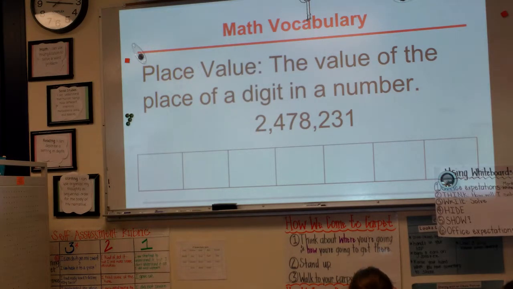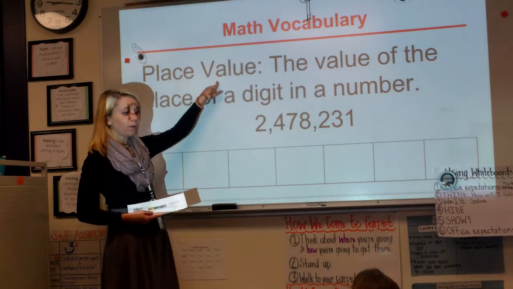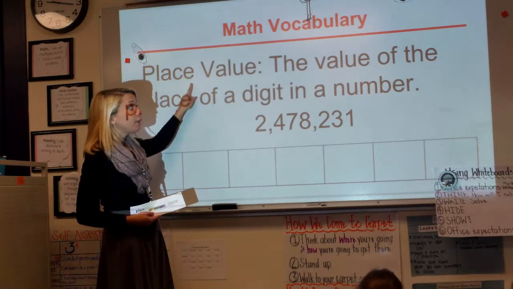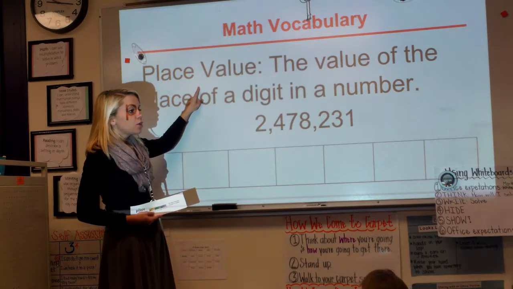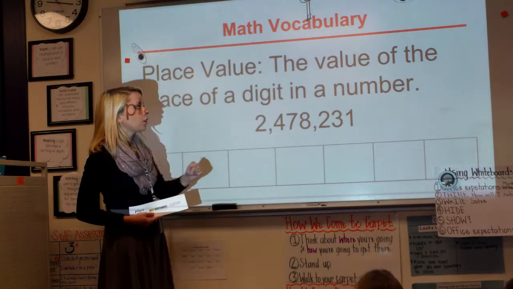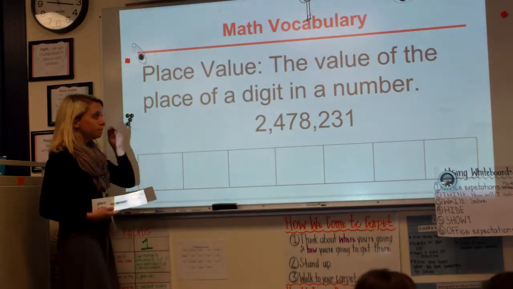An important term to know when rounding is place value. We will use this vocabulary term every time we round. So go ahead and turn and talk to your elbow partner. Read the definition of place value.